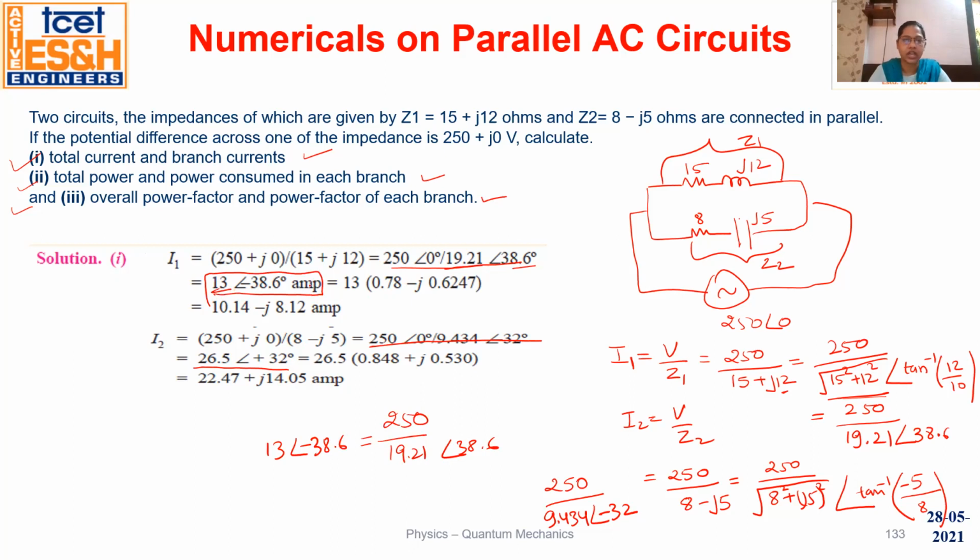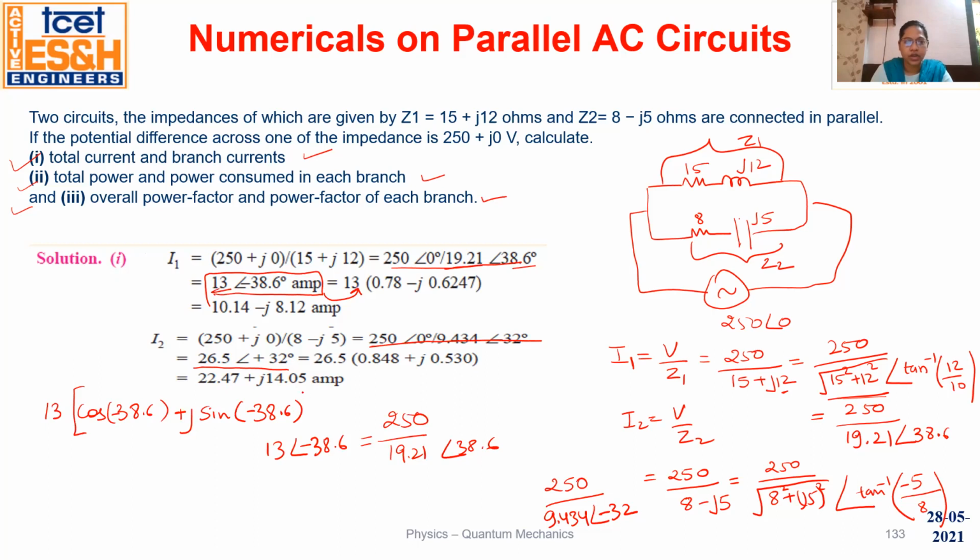Okay. And here you again convert this polar form into the rectangular form. How you can convert it? You write here 13 cos 38.6 plus J sine minus 38.6.